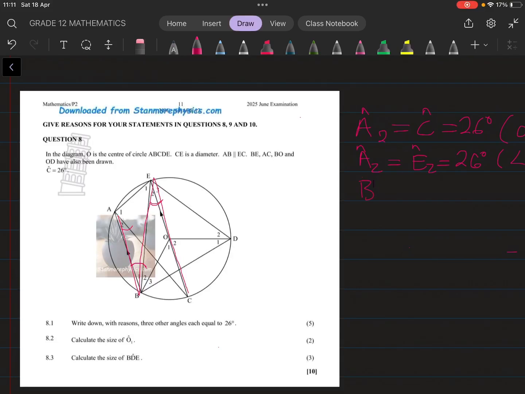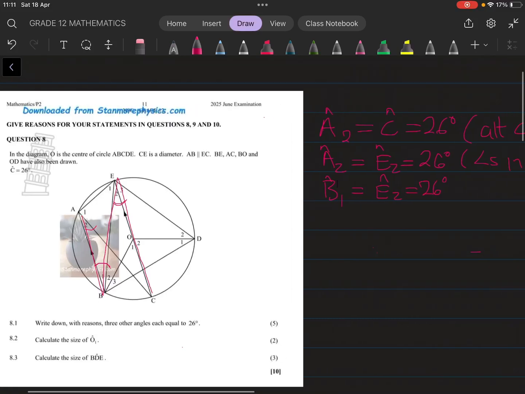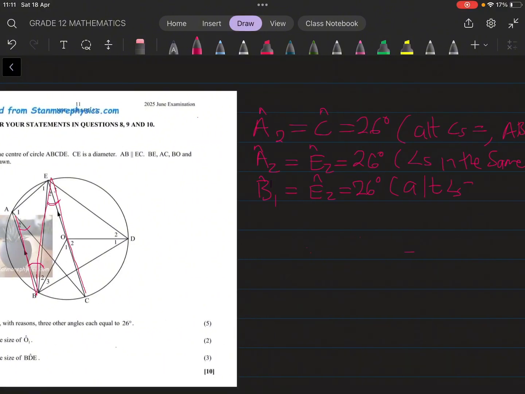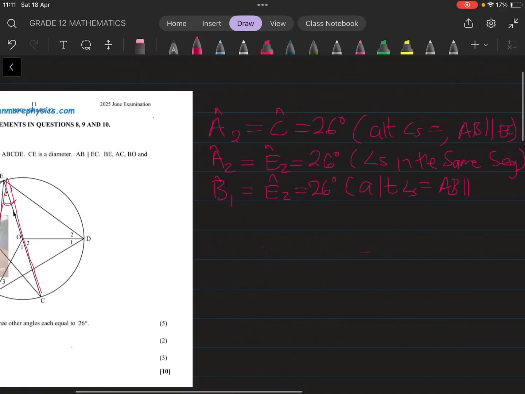So in that case I'm going to have angle B1 equal to angle E2. Both of them are equal to 26 degrees. The reason is alternate angles are equal because AB is parallel to EC.